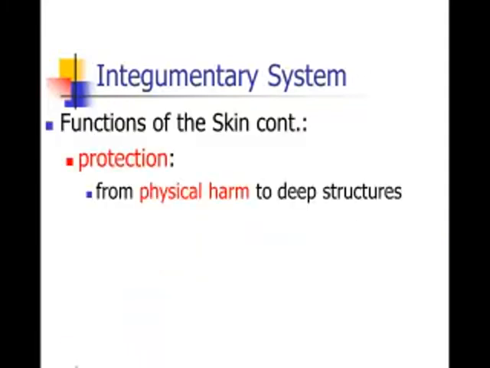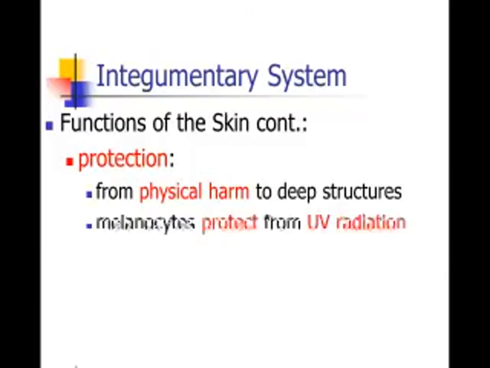So, the protection thing. Protection the skin affords us is from physical harm. It's a barrier for the deep structures. The melanocytes, you'll recall, produce melanin. Melanin helps protect us against UV radiation. So UV light is kind of a mixed bag, right? We need UV light to produce vitamin D, and that's a good thing.